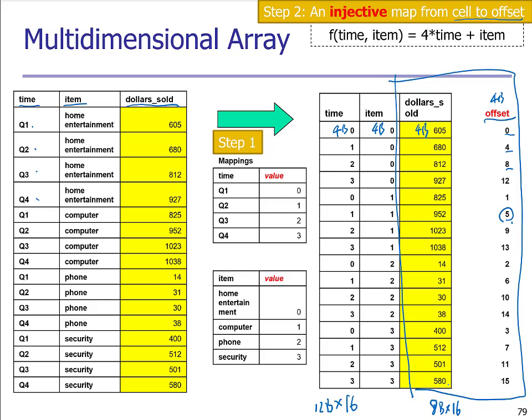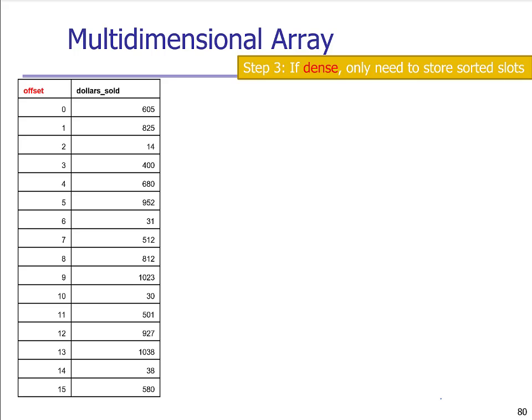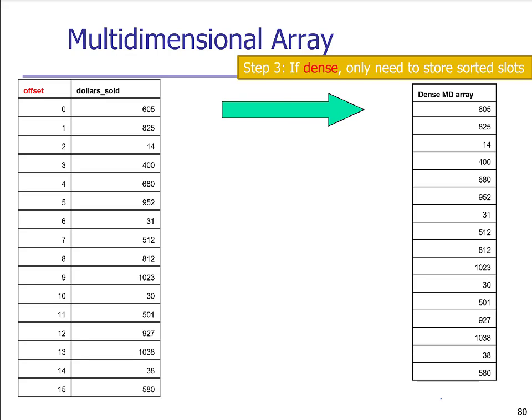If we had 3 dimensions, then here we probably would need 16 bytes, but here we still only need 8 bytes. So as the number of dimensions increases, we save more space by using this idea. Furthermore, say the table is dense, by which I mean that for each offset we actually have a corresponding measure here.